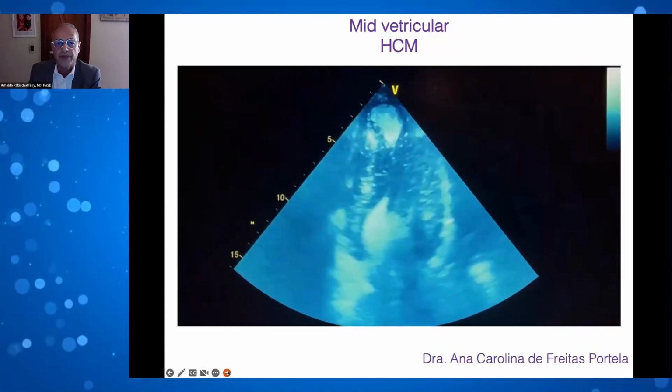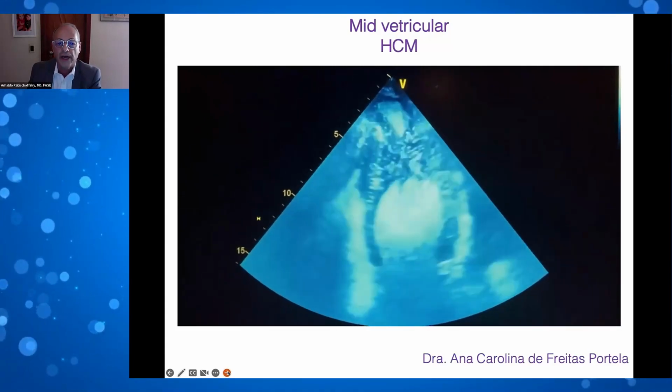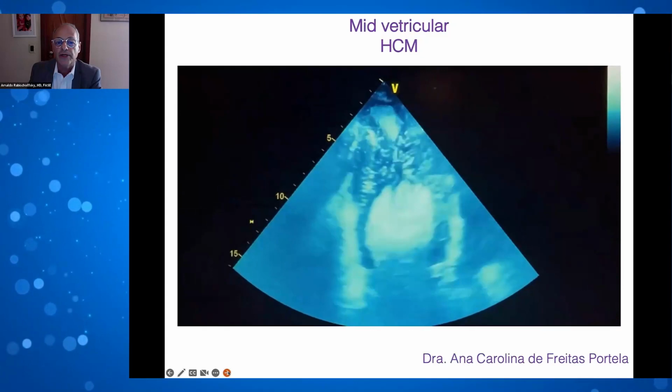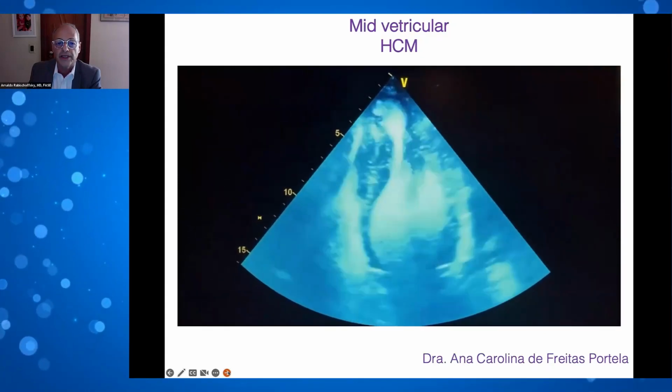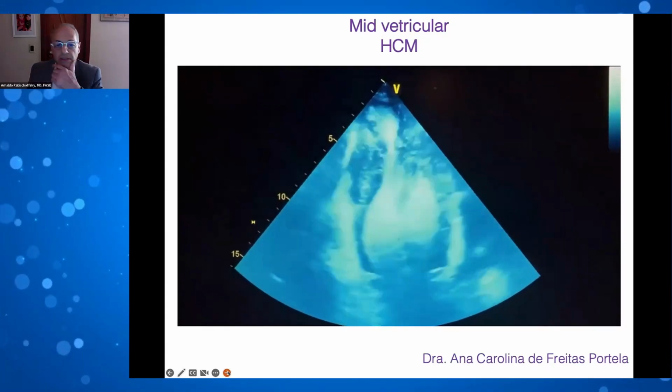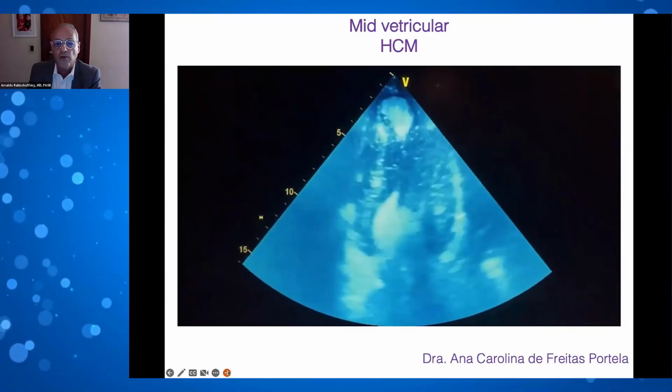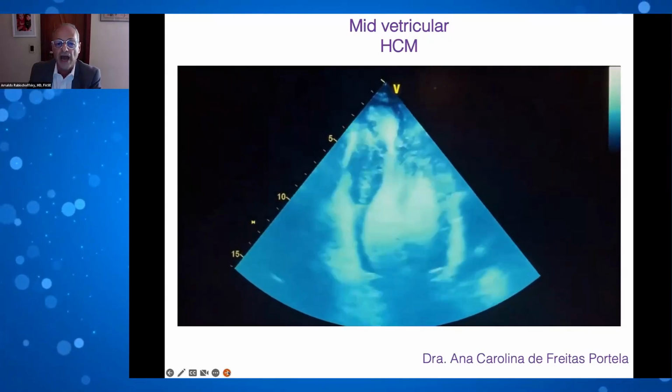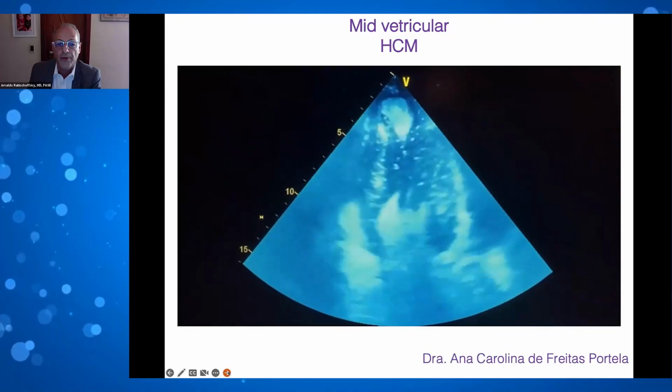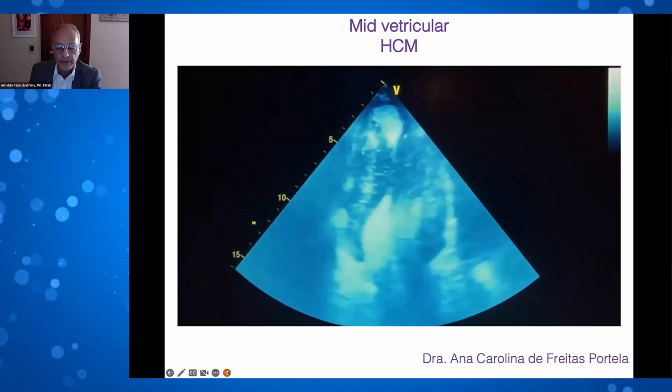It's a patient with midventricular hypertrophic cardiomyopathy with aneurysm formation in the apex. It is very common to have thrombi in this kind of hypertrophic cardiomyopathy that develops aneurysm.